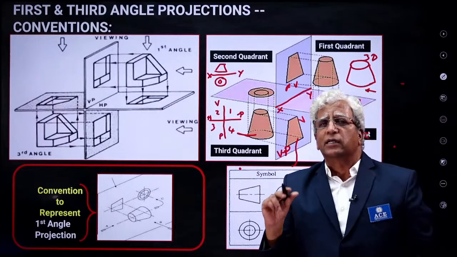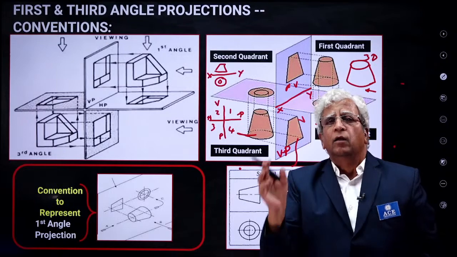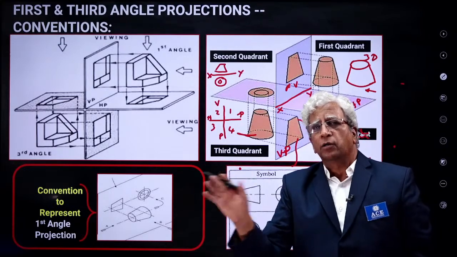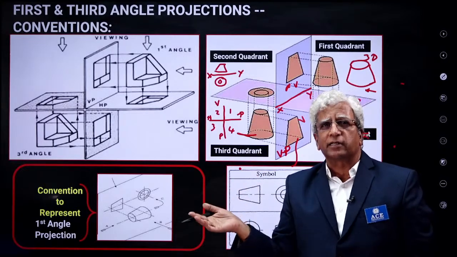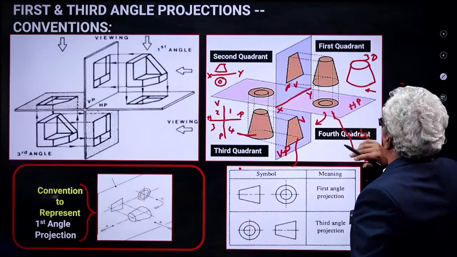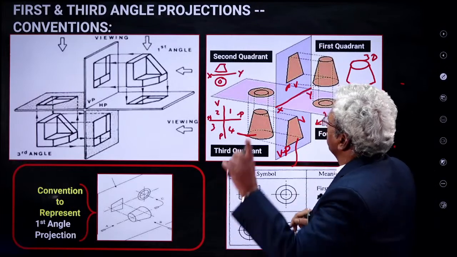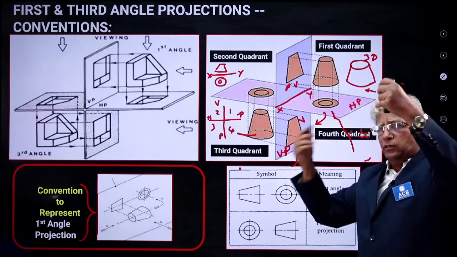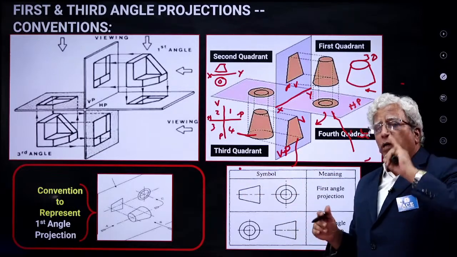We have to use terms like picture planes, observer, object, projectors. Without these 4, you don't have any chance of visualizing and drawing these things. What are those things? Start from the observer, because it is we who do this.